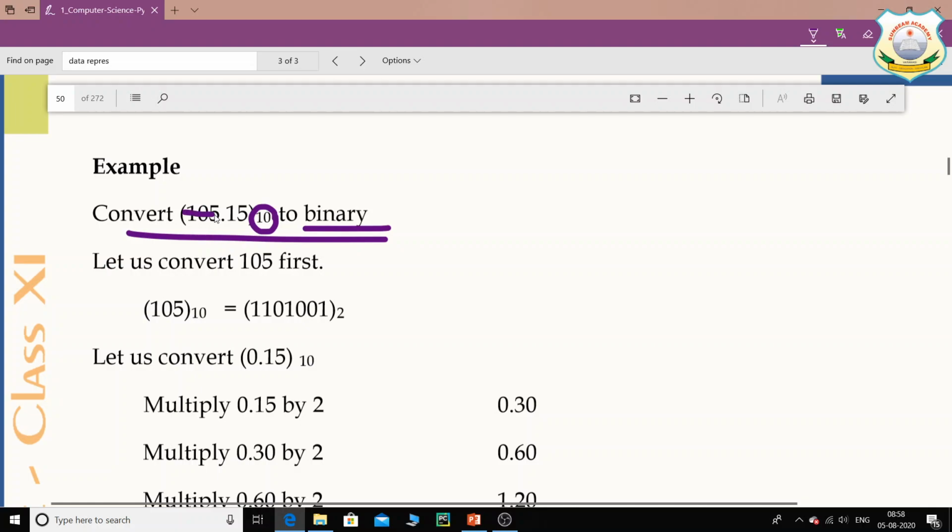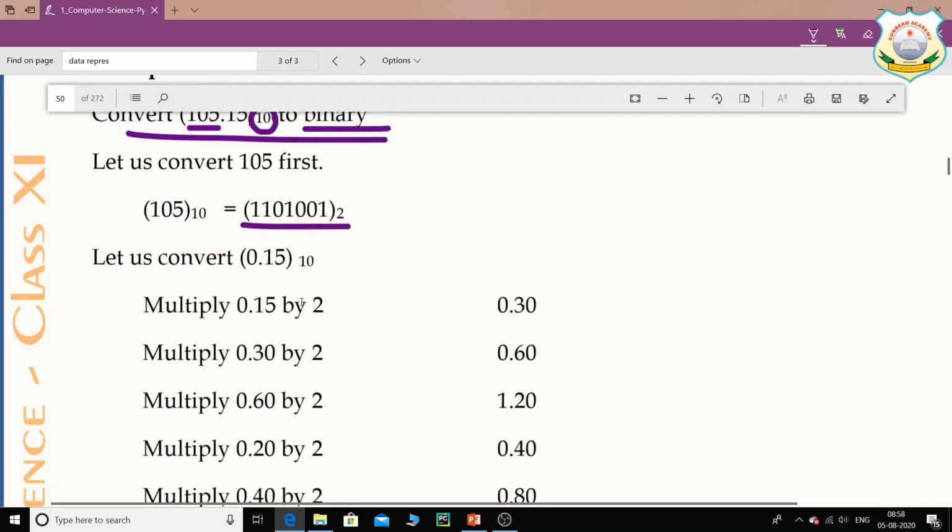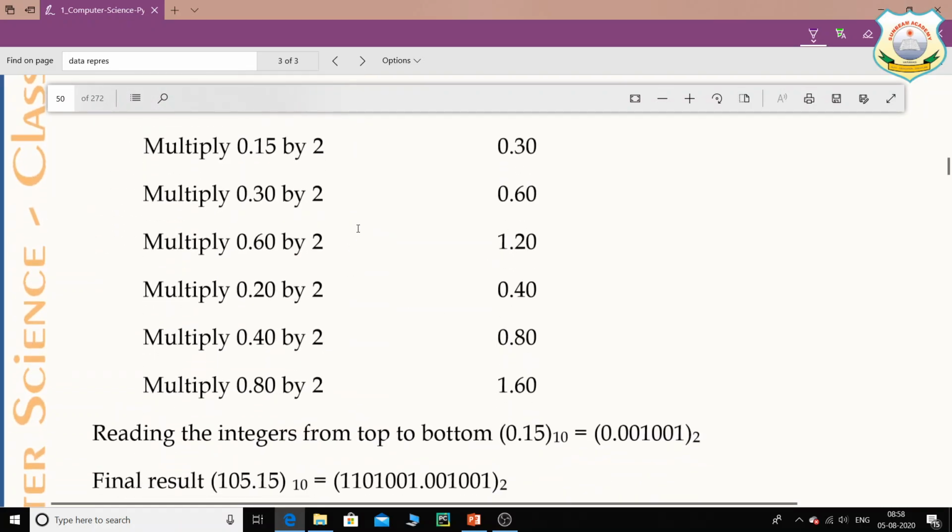So for 105, children, we are going to apply the same simple procedure, right? For 105, the answer is this. And for 0.15, you can see we multiply by 2, giving 0.30. So I take the 0 from here, then again 0.30 by 2, again I take the 0 over here, then 0.60 multiplied by 2 is 1.20, then 1 over here, 0.20 by 2, right?